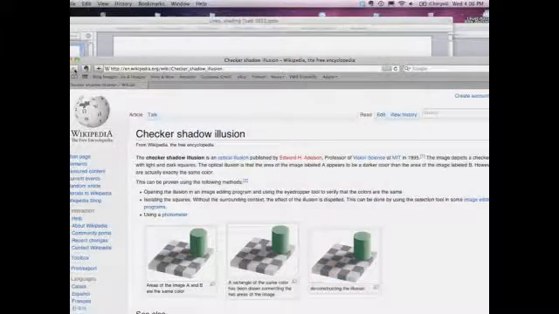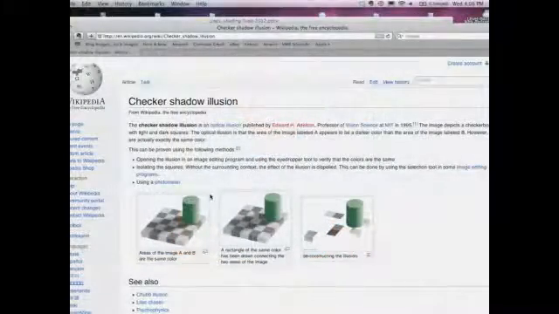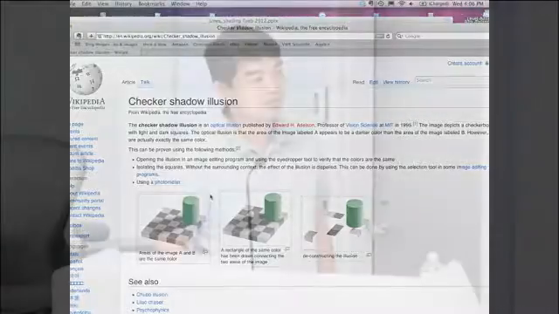Although there's no paper about this work, I was really fascinated by Ted's checker shadow illusion that he created in the early 80s about human perception of brightness. This is such a great example of the gap between what a computer sees and how we see a picture.